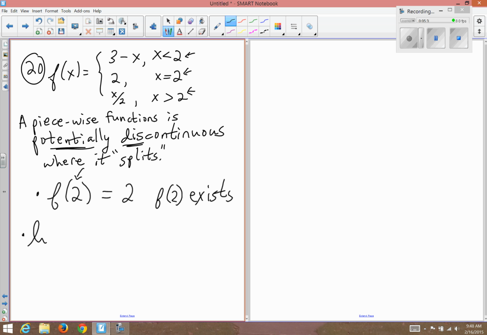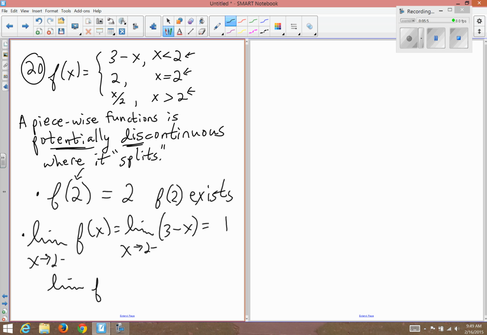The next bullet. The limit of f of x as x approaches 2 from the left would be the limit of 3 minus x as x approaches 2 from the left, which is 1. And the limit of f of x as x approaches 2 from the right would be the limit of x divided by 2 as x approaches 2 from the right, which is 1.